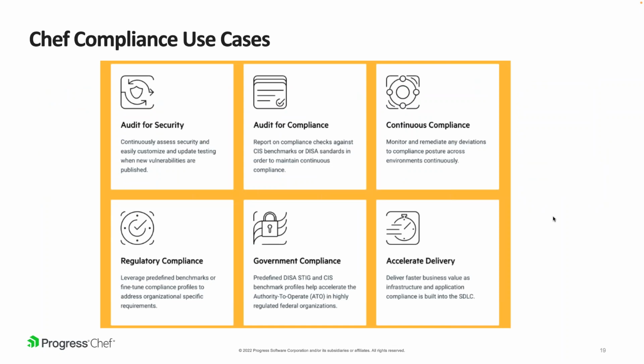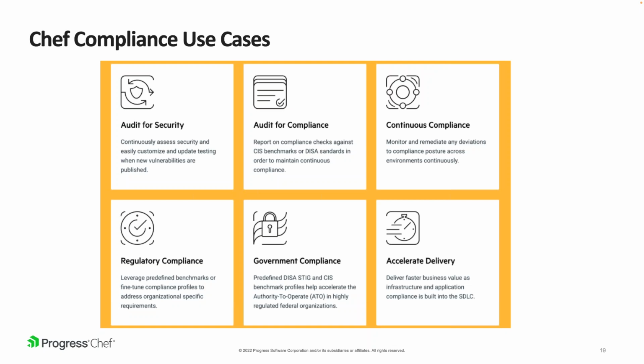To quickly summarize the different use cases that Chef Compliance helps address, we've seen the use case that is audit for security and audit for compliance, which just expands on to include continuous compliance. That is, we run continuous scans and make sure that the desired state is maintained at all times.